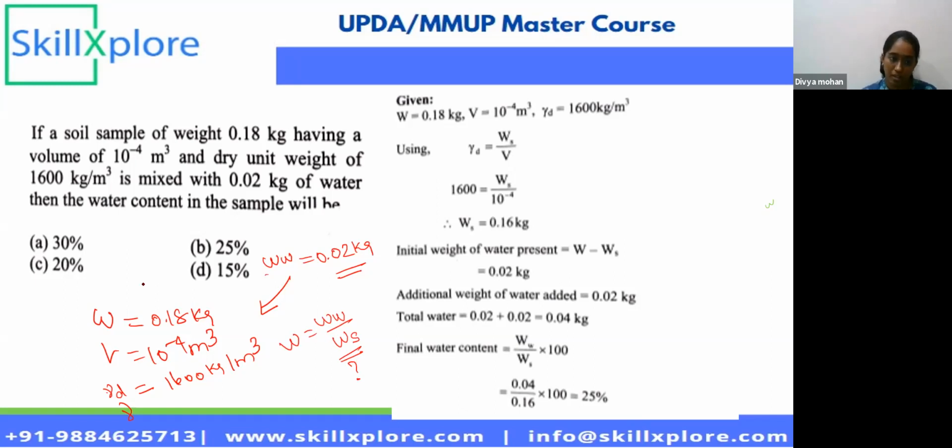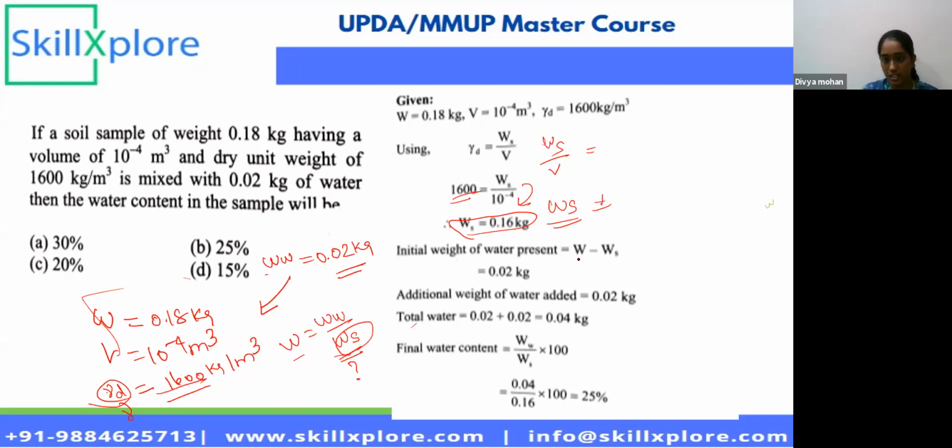For that we have the parameter gamma d, which is Ws by V. This Ws is what we want to find. Substituting 1600 with the original volume, we'll find the original Ws. I have already told you that Ws will not change under any condition. So Ws is a constant parameter.